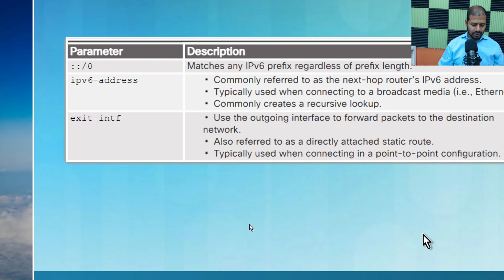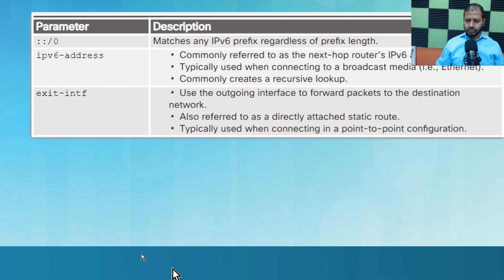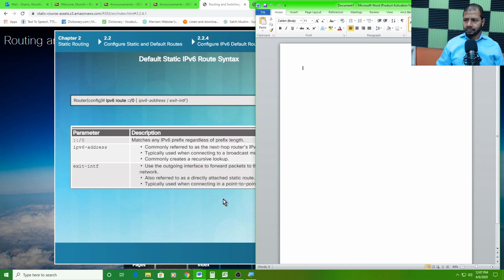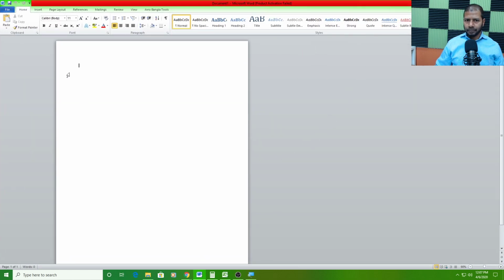That's the difference. If you want to compare side by side, I'll go to Microsoft Word, and look at the difference between those two. For IPv4, I'm going to write down here in a bigger size. For IPv4 you write it this way: 0.0.0.0, and the subnet mask is 0.0.0.0.